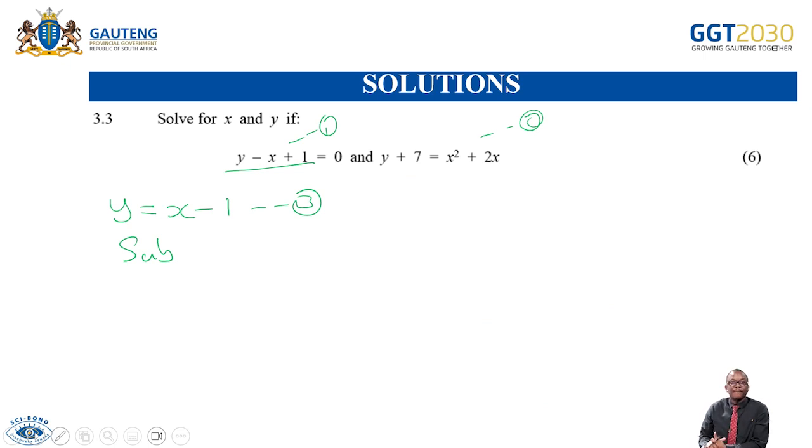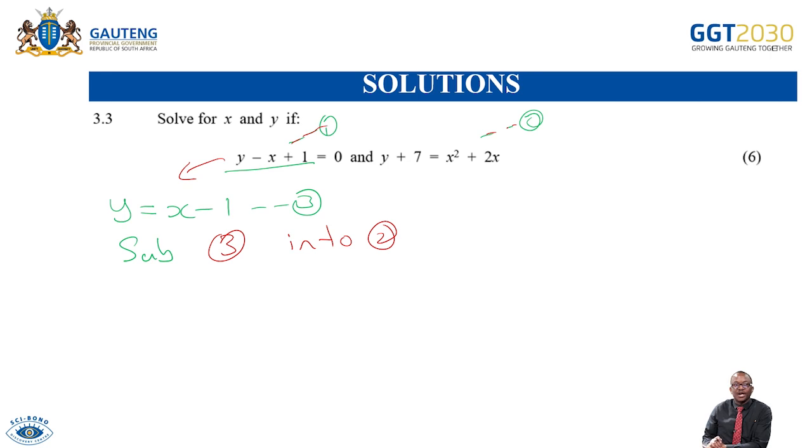We were talking about our simultaneous equation, and now how do we solve there? Remember, we identified our equation number 1 and equation number 2, correct? Then we said we need to substitute equation number 3 into equation number 2. Remember, equation number 3 came from equation number 1.